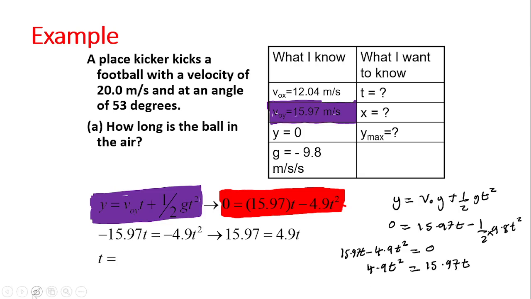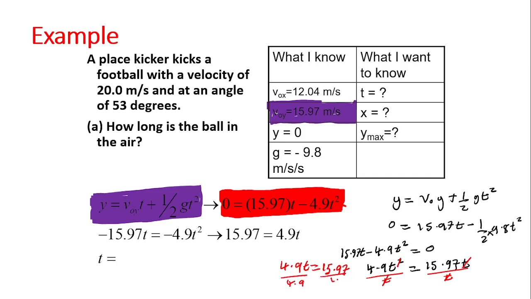Now remember that t squared is 2 t's. If I divide throughout by a t and by also a t, then that t and that t will simply go. So what I now have is 4.9t is equal to 15.97.